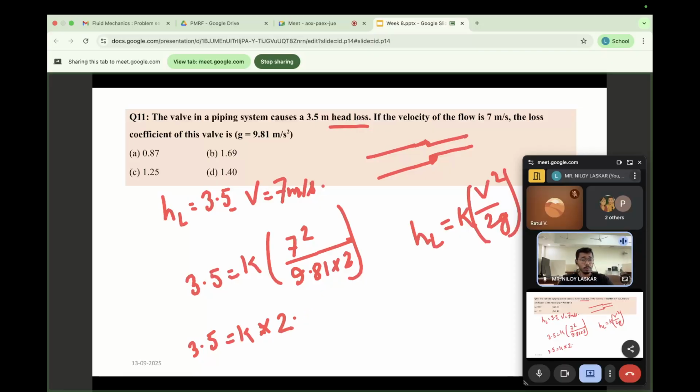Just a minute, let me calculate. It's around 2.5, not exactly. So K I will get is 3.5 by 2.5, which is around 1.4. So the correct option is option D.